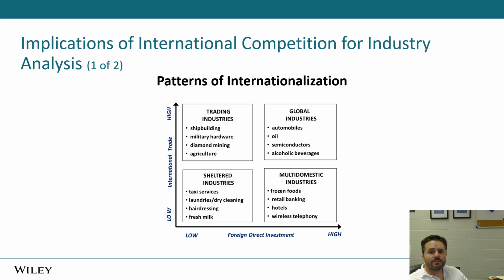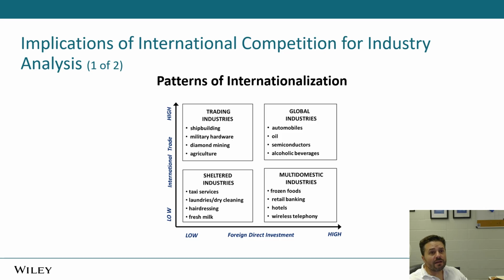So some of the implications. Essentially, we have industries where international trade is more likely. Now, the main upshot is that if your industry is one in which you will face international competition, that increases the competition. So if we think about competitive rivalry, threat of new entrants, and even possibility of substitutes, there's just more players.